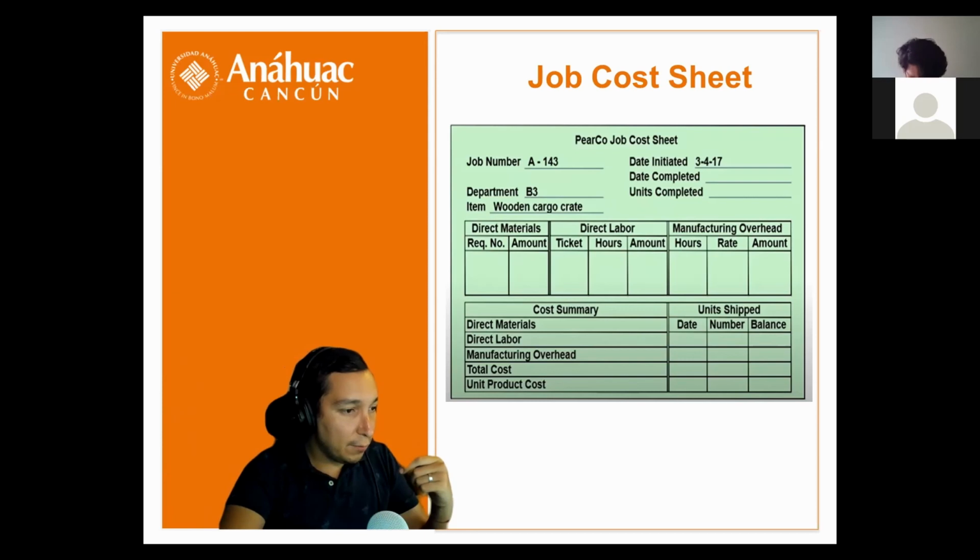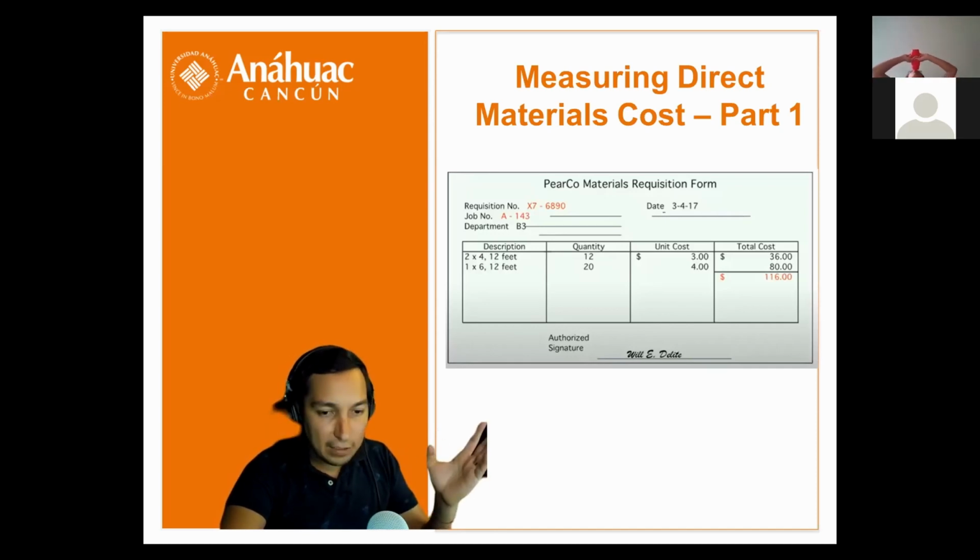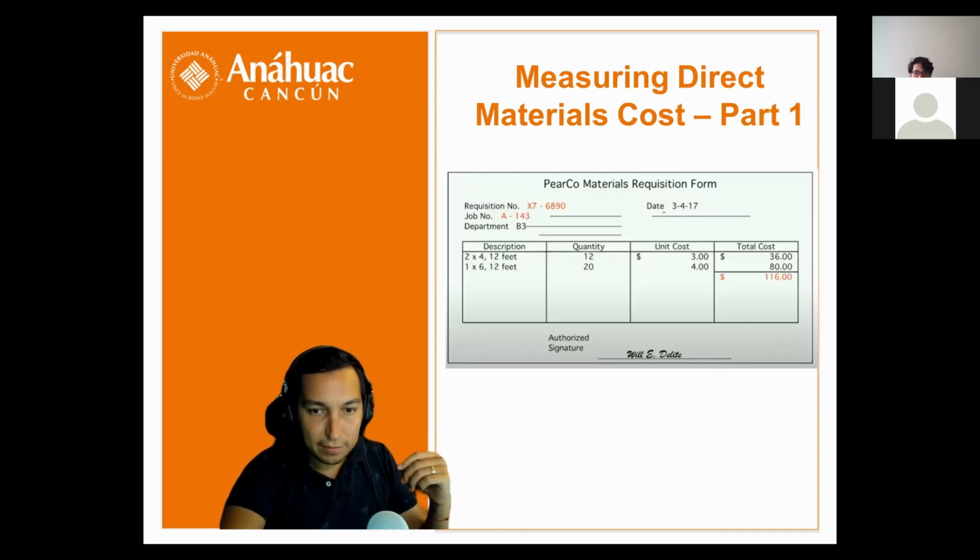So first, we will have our direct materials. So Berco has a materials requisition form, and they are requisitioning probably some amount of wood or lumber to build this crate. They've specified exactly what they are using on this job, the unit cost, the number of units, and the total cost. So you have $116 of materials authorized, obviously, by a supervisor.